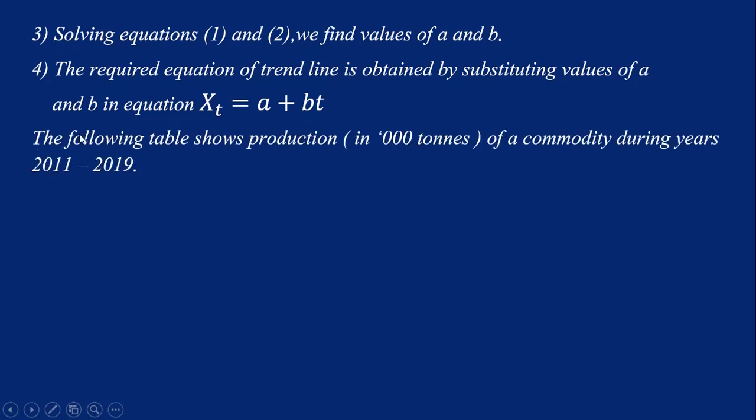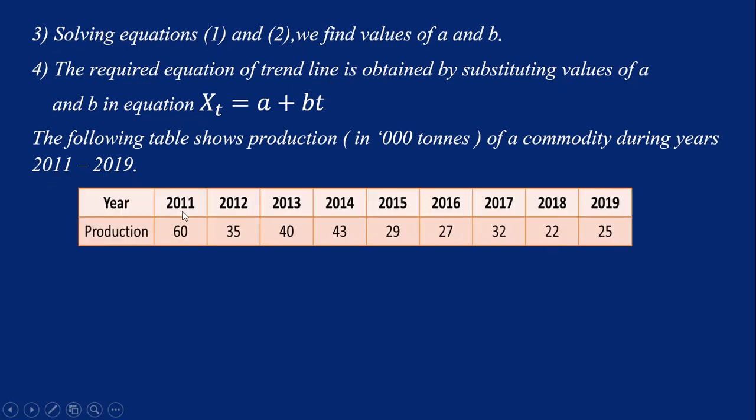Now consider this example. The following table shows production in 1000 tons of a commodity during years 2011 to 2019. Okay, now here years are given, that is, these are values of this variable t. T is equal to 2011, 2012, 2013, and so on.